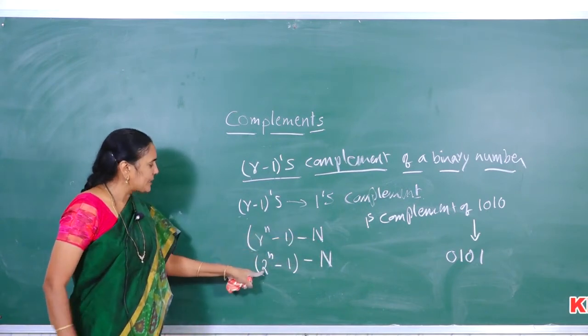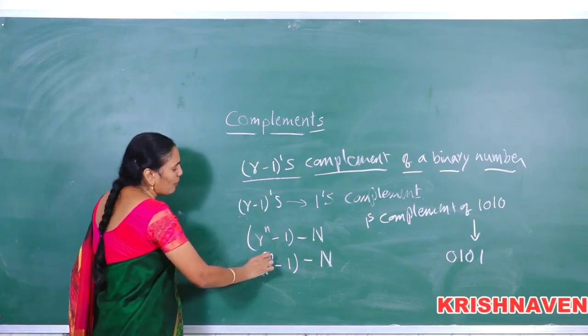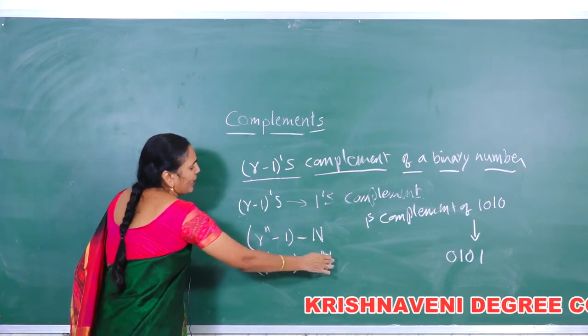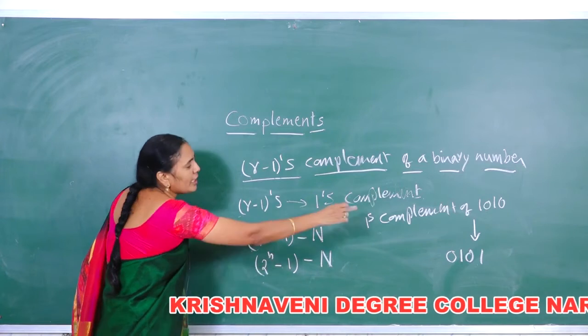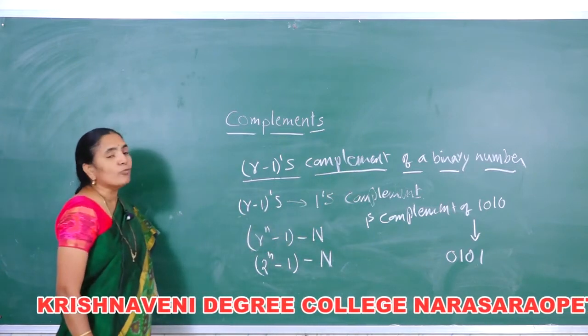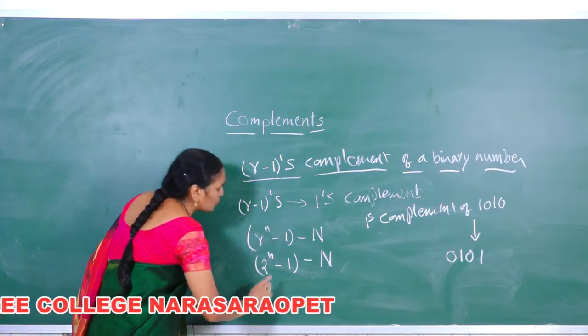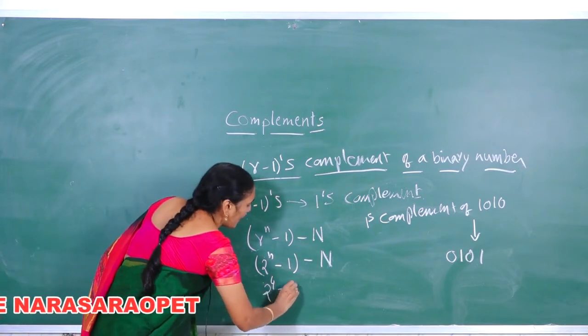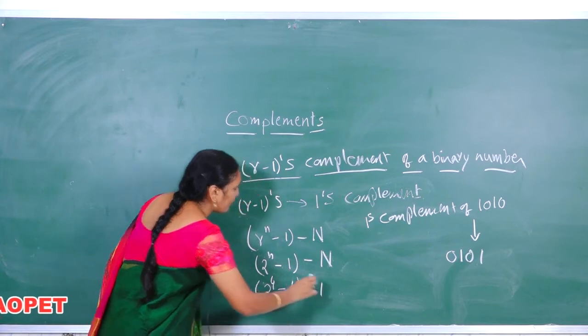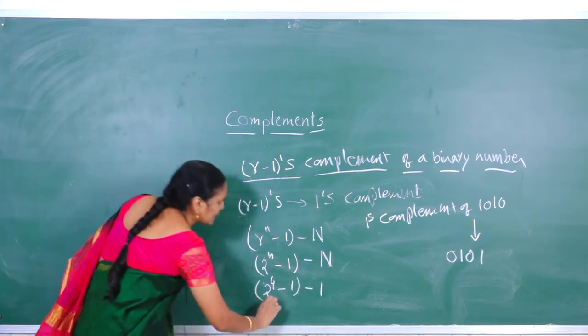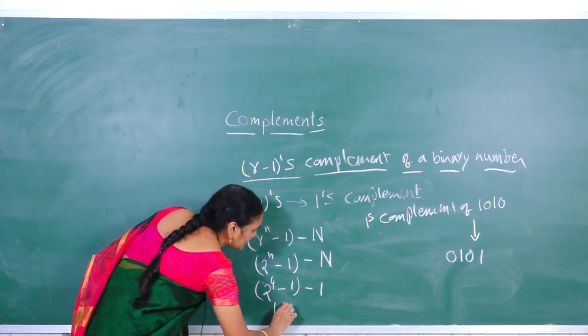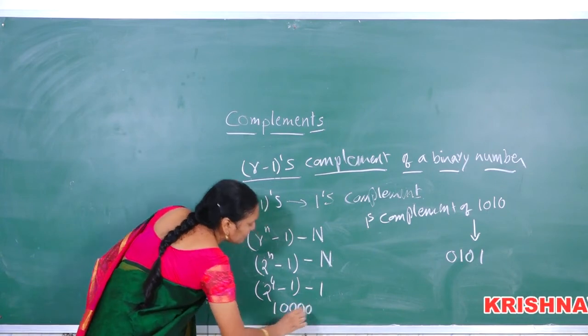So here the base is 2: 2 to the power of n minus 1 minus n. For example, we are taking 1010, which consists of 4 digits, that is 2 to the power of 4 minus 1 minus n. 2 to the power of 4 is 16, which is represented as 10000.